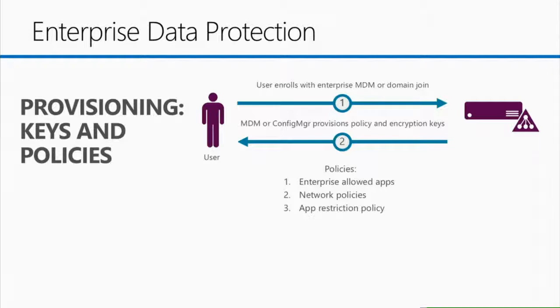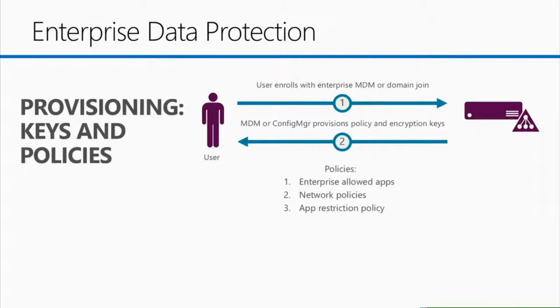So the way that works is you, as an IT professional, are going to go into the console and define the application restriction policy. You're going to say, I want to block data flow between enterprise applications and non-enterprise applications. Or you might say, I want to allow the data to flow, but with an override. Again, we'll see some of this in action a little bit later, but this is just to illustrate the set of policies we have.